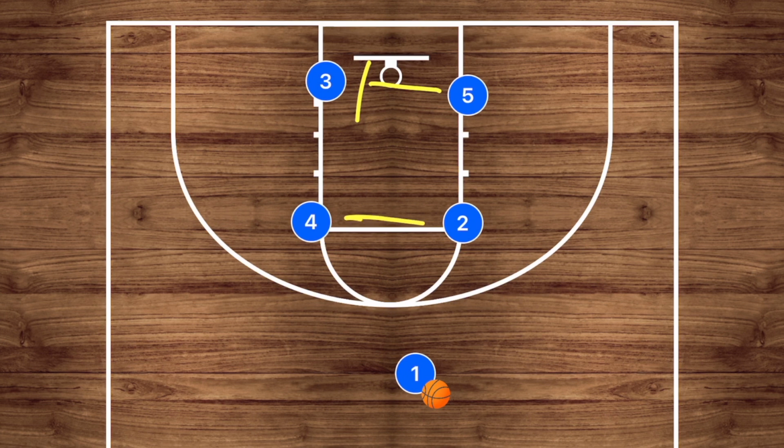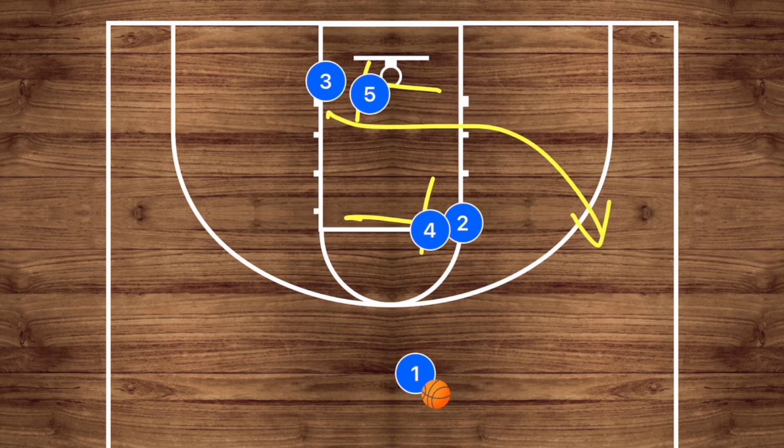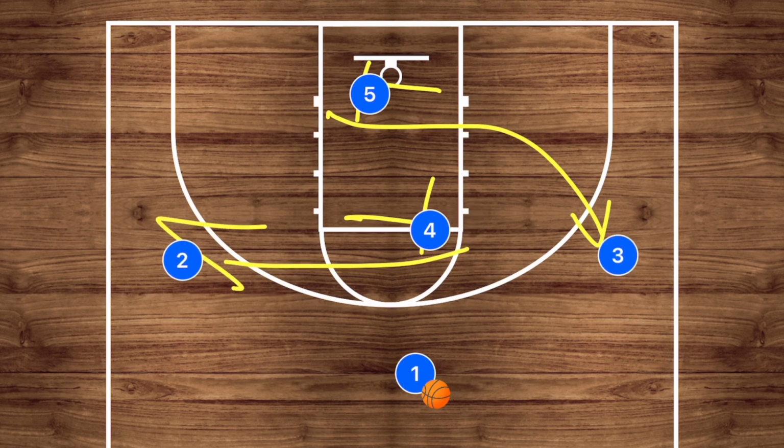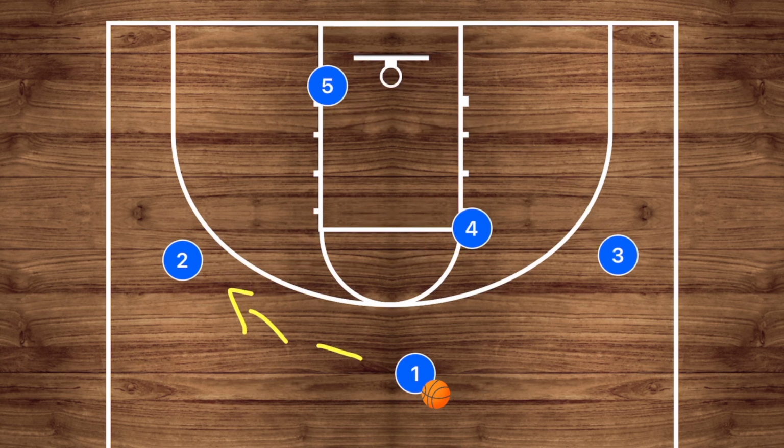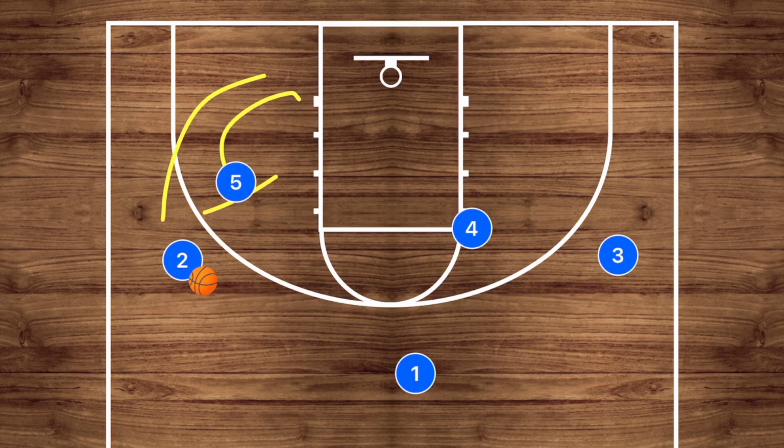Another option that you have here with the box offense are screen aways. So for example, we may have player 4 and 5 screening away. That allows us to be in a 1-3-1 style offense. If we pass to player 2 or to player 3, it could be 3-point shots. However, depending on who you pass to, this will be a screen and roll, and player 5 would short roll to the high post.